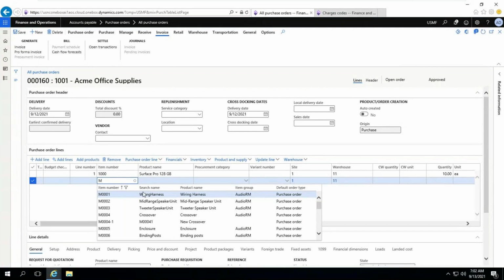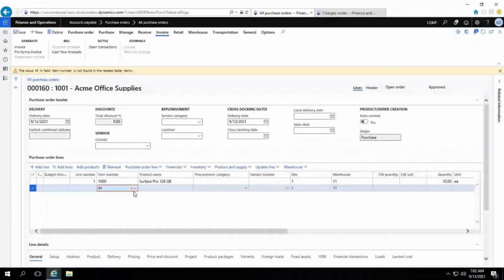I'm taking M001, no issues. Here you can see default order types. If it is production, it is manufacturing related, and some related information will come. So if you select M001, it is a purchase order, meaning we are purchasing the material. No issues. It is not captured properly.